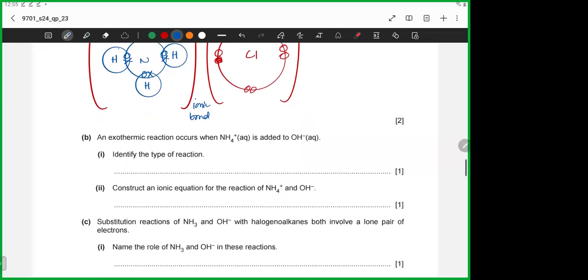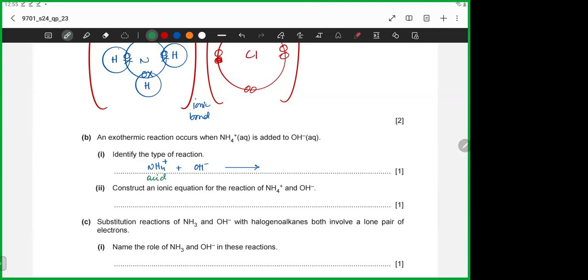So identify the type of reaction that occurs when NH4+ reacts with an alkali. Can you tell me the reaction first? What happens? Acid plus base. Yes, this acts as an acid, right?